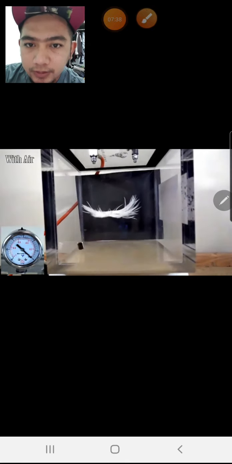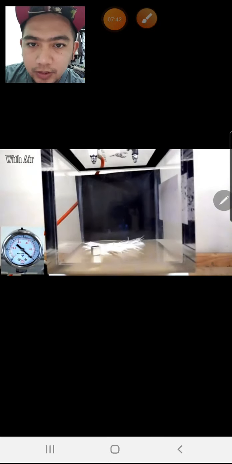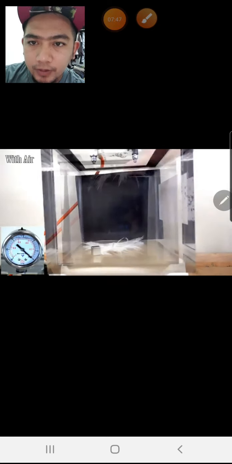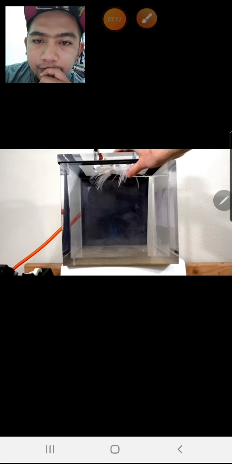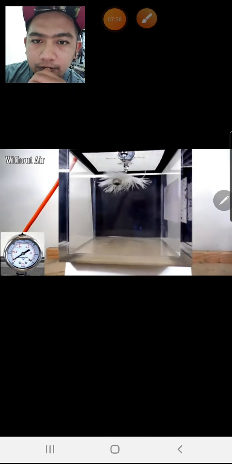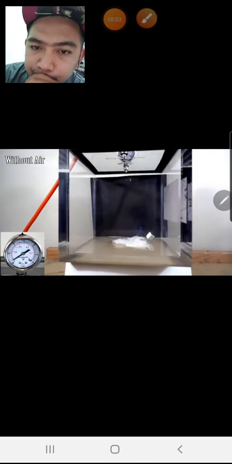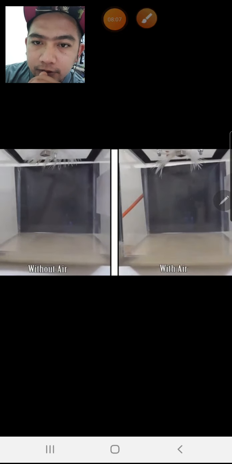Okay, this is what happens with the air in the box. Maksudnya ada udara dekat dalamnya. This one with air. So now dia sudah remove the air, dia sudah sedut. So this is the comparison without air and with air.